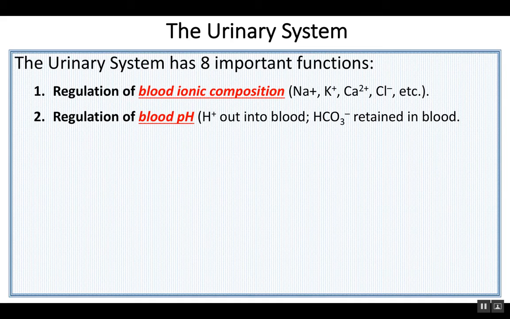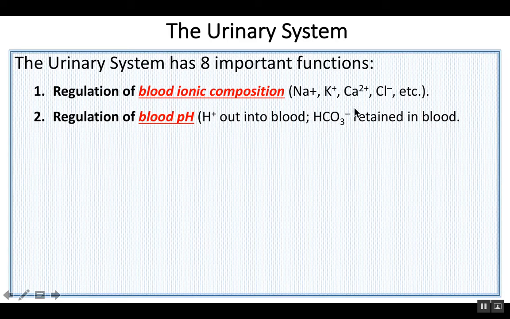Well, your kidneys help get rid of hydrogen ions or protons. So your kidneys are almost always actively removing hydrogen ions. And therefore, urine is typically acidic because we're just moving these protons, which is the definition of an acid, from the blood into urine. It also is very important in retaining the bicarbonate ions.